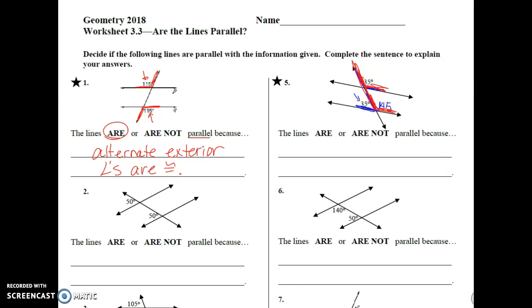So I read the lines are not parallel because corresponding angles are not congruent. So I look at the angles, decide if they are what they should be, and if my angles are congruent, my lines are parallel or not.